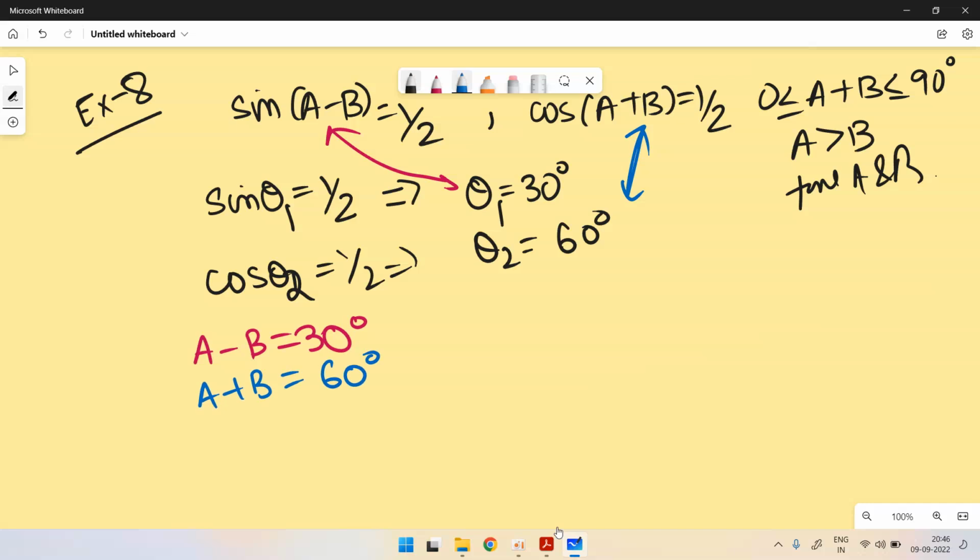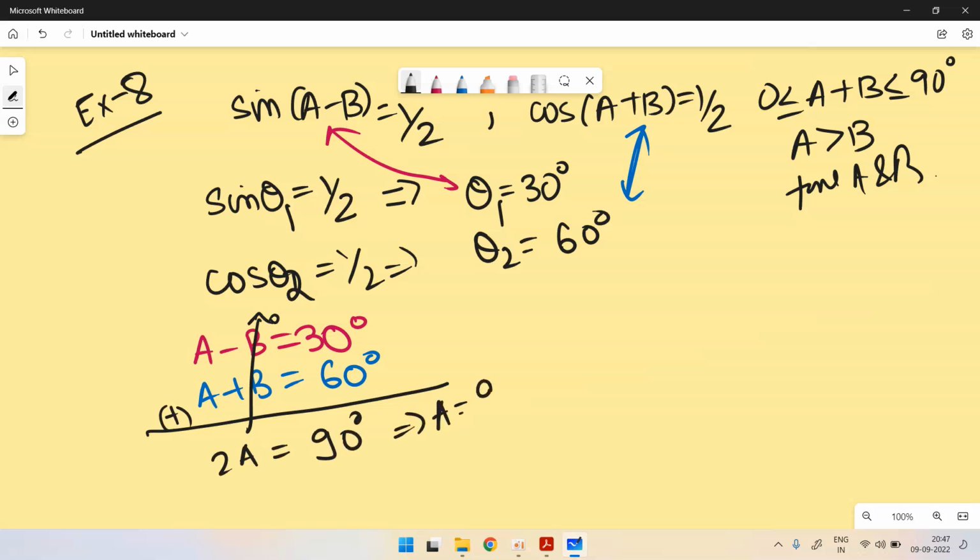Now if you add these two equations, minus B plus B gets cancelled, so this is 2A equal to 90 degrees, which implies that A equals 90 degrees by 2, that is 45 degrees.